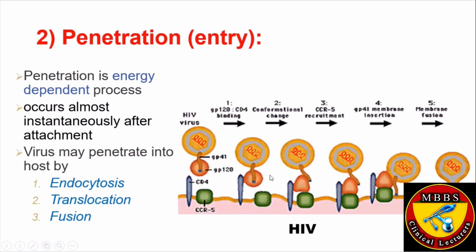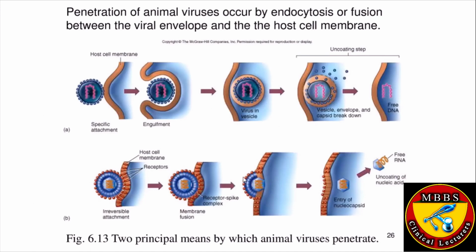Now after attachment, what happens? You can see here, this is a cell membrane and this is the virus. When the virus comes and attaches to the cell membrane, the cell membrane engulfs this virus. This is called engulfment or endocytosis. After this, an endosome is formed.